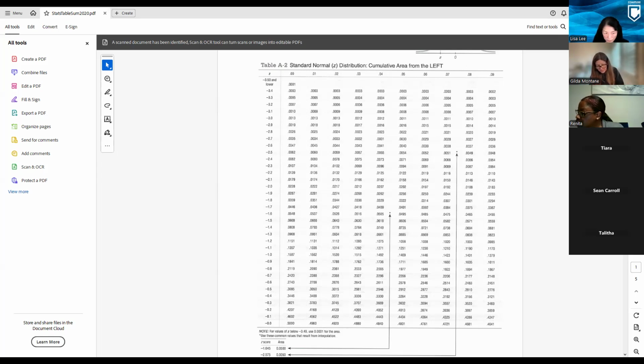So if you use a TI-83, you have to type in yourself. You have to type in under the inverse norm 0.005, 0, 1. But if you use a TI-84, it does it for you. And the calculator will pop out the 0.005, and the 0 as the mean, and the 1 as the standard deviation.